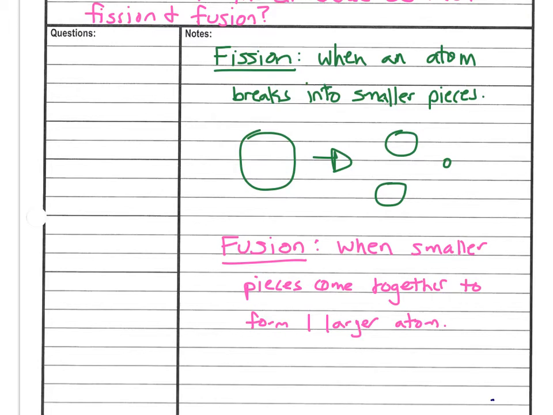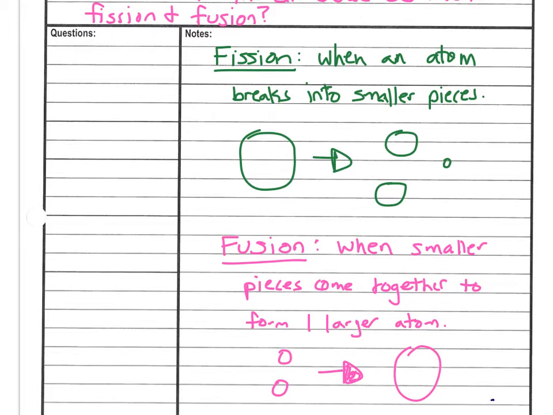But they're kind of the opposite of each other. And remember I said that fission is like decomposition, where we had a compound breaking into smaller pieces. And fusion is like synthesis, where we've got the two smaller pieces, they come together to make one larger piece.